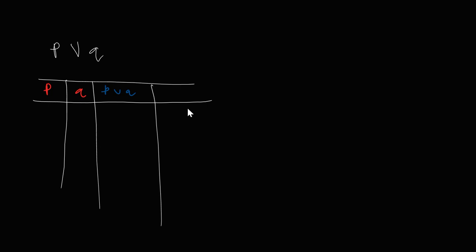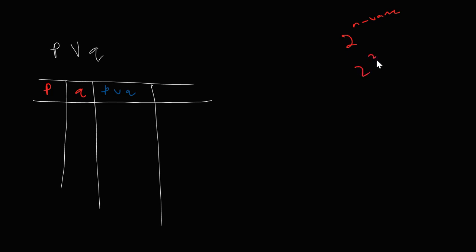The number of rows, please note this one. If you have a paper next to you, please write this down. The number of rows that you need to write is 2 to the power of the number of variables that are there. So how many do I have here? It's 2, right?